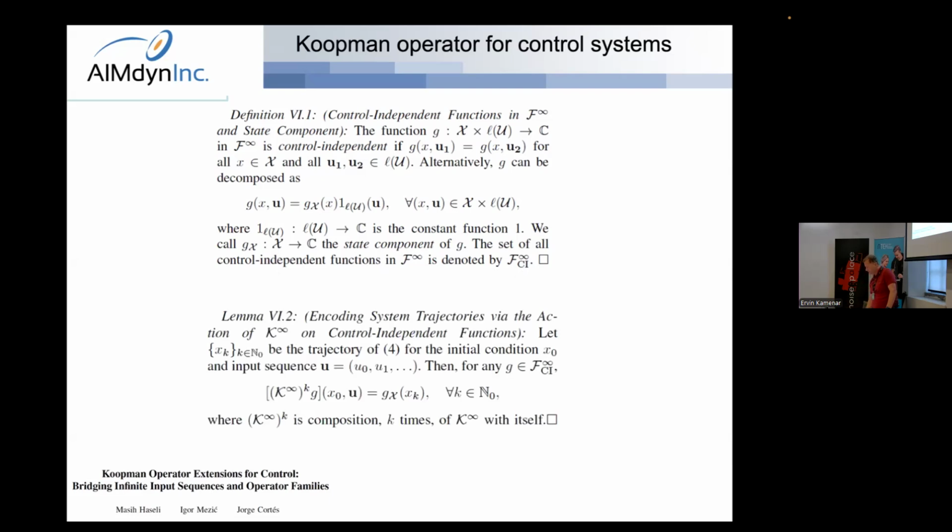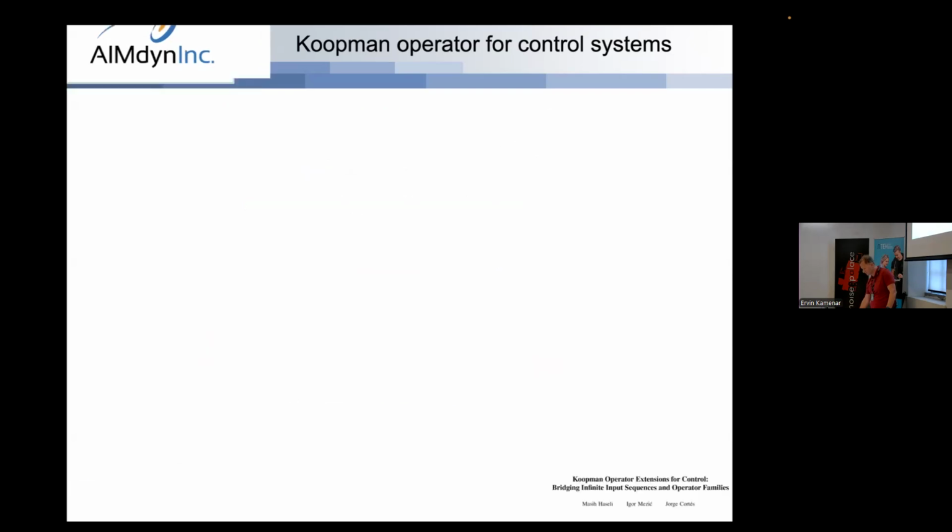And then the second part is if xk is a trajectory of our control system for initial conditions x0 and this input sequence, then for any g in this constant input space, you get a nice result that if you iterate K times g, you get exactly the value of that function at xk. So everything's fine. You get an equivalent of the lemma that I presented before.